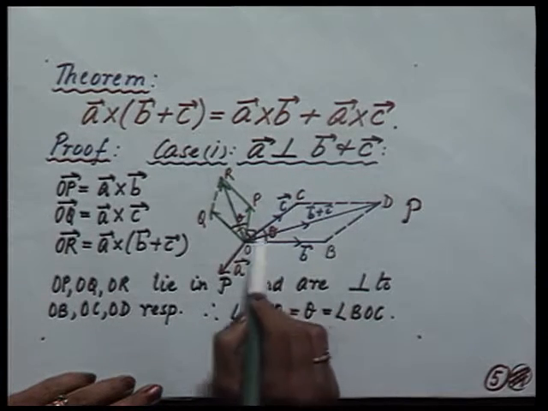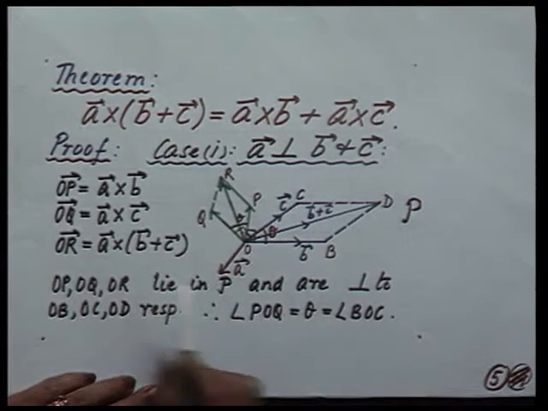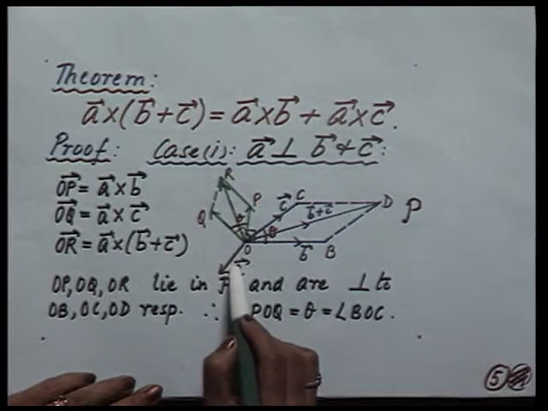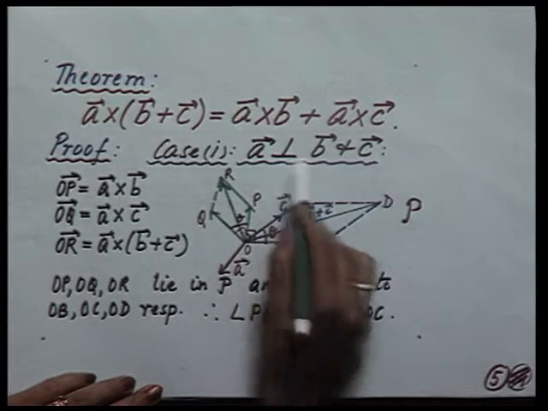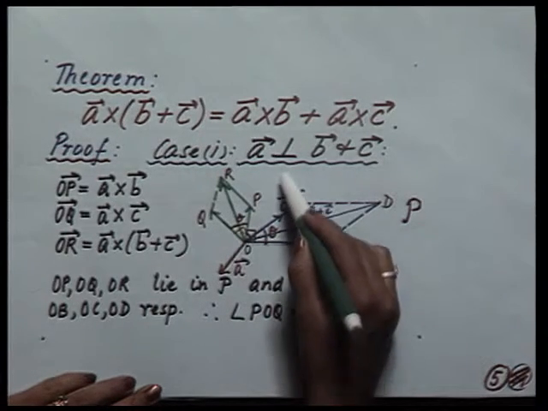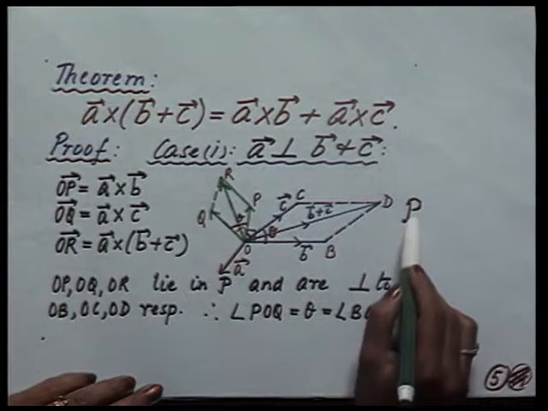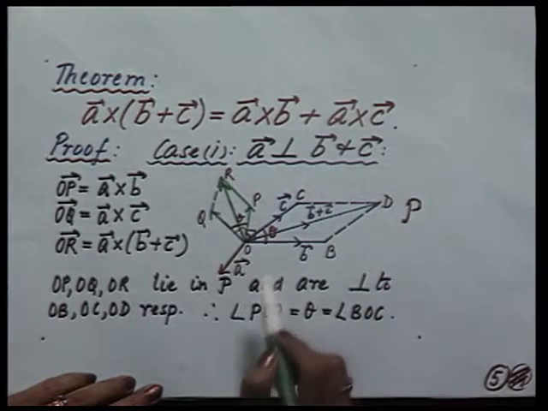Let the angle between the vectors B and C be theta. Now, here is my vector A, which is assumed to be perpendicular to both B and C, and hence to the plane containing B and C. That plane I call P.